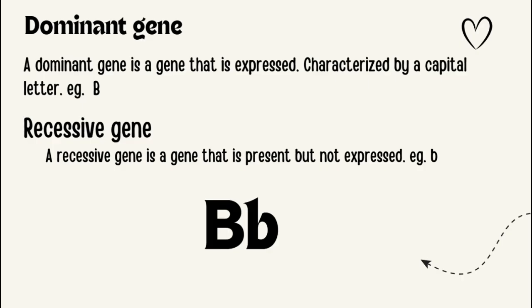But since this is sexual reproduction and we know that we're going to get one gene from each parent, as I said before, if my father has black hair and my mother has brown hair, but the gene that she passed on to me was recessive, and the black hair trait which my father gave me is dominant.